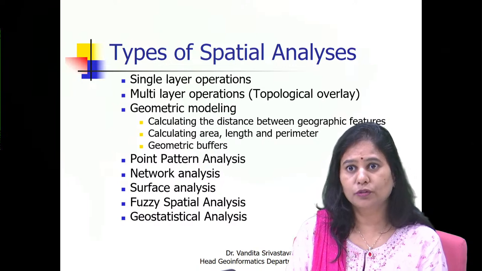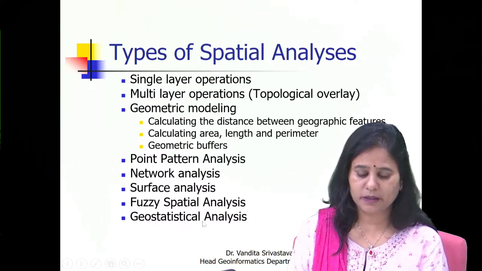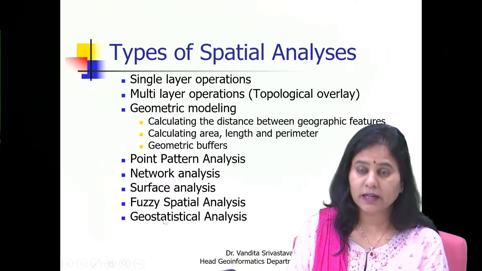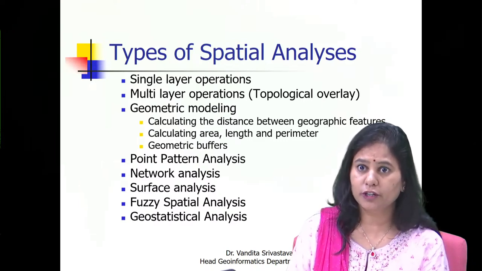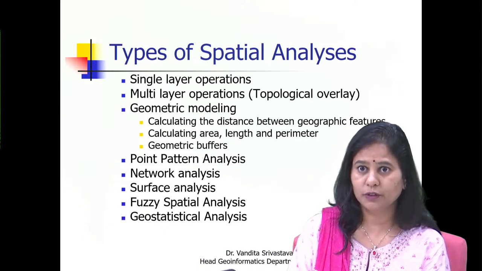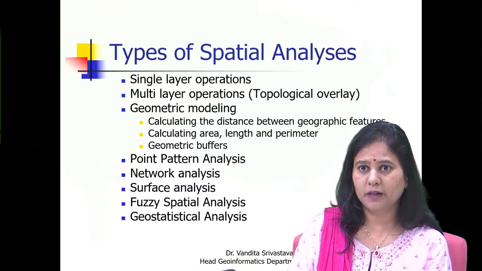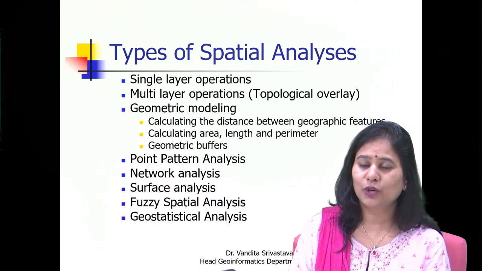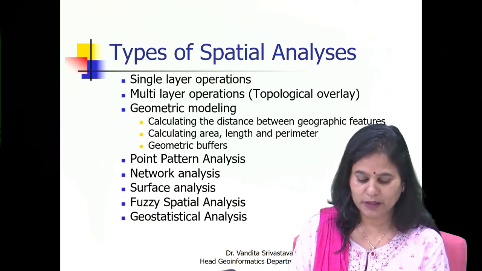I'll maybe talk about this in detail in the later part, but this is the basics: it is not based upon classical statistics, but upon geostatistics, the theory of regionalized variables, and the concept of autocorrelation of a variable with distance. So a variable is related to itself in space with its distance. Things that are farther apart are different from things that are closer together. The things that are closer together will be similar. That is, in a nutshell, what you can understand.